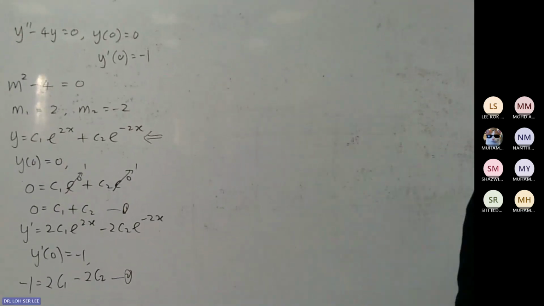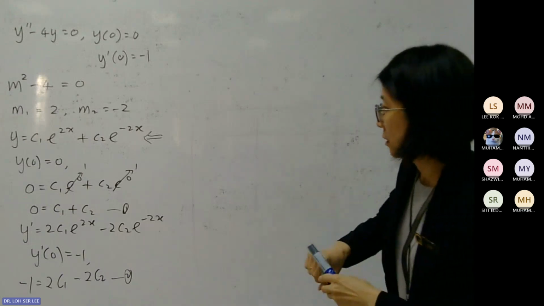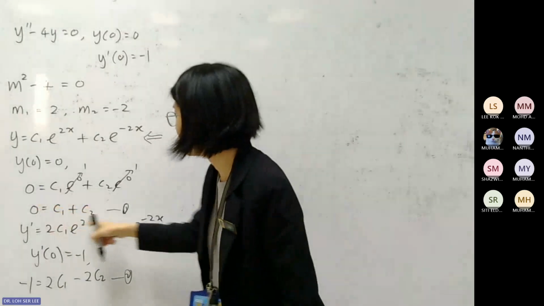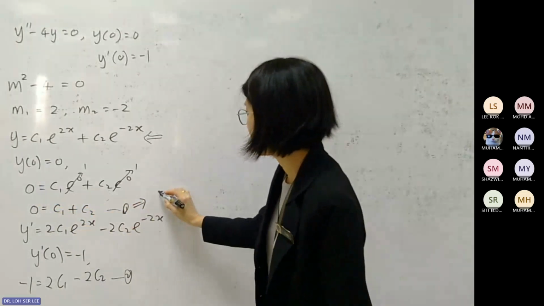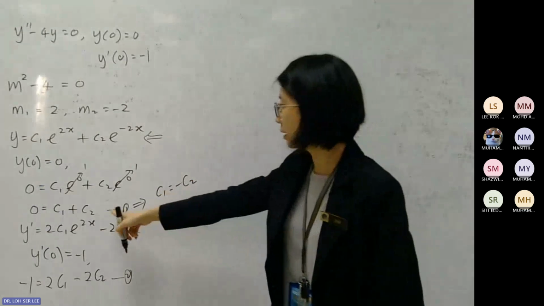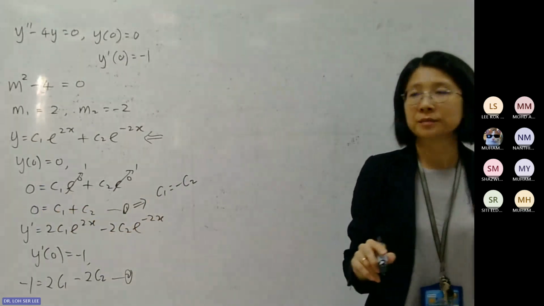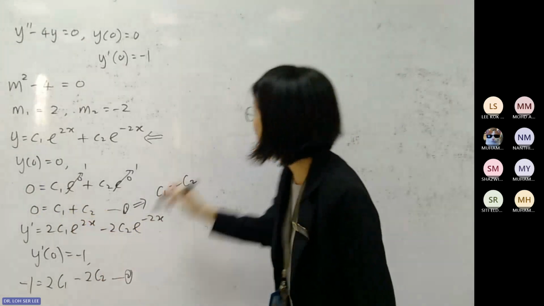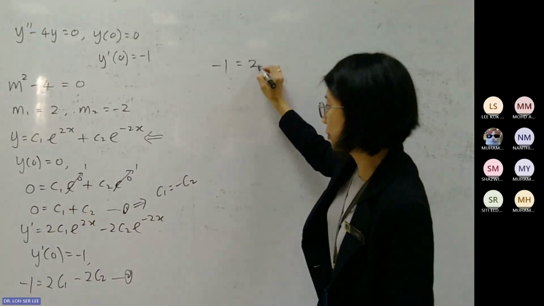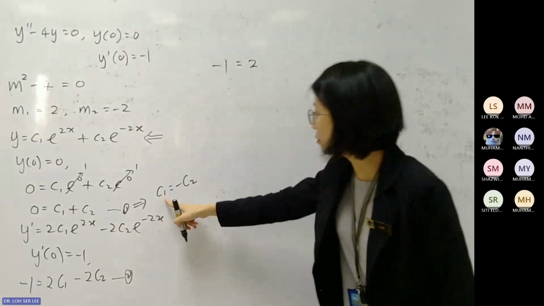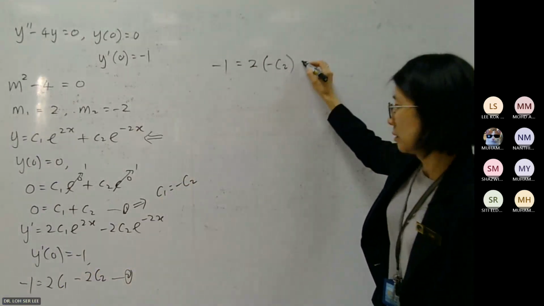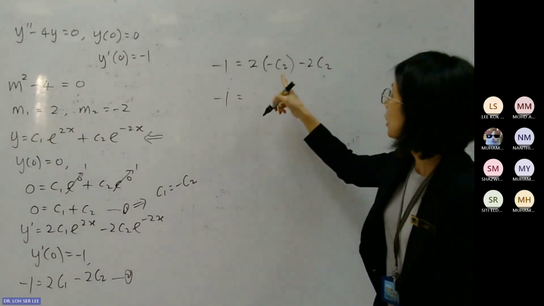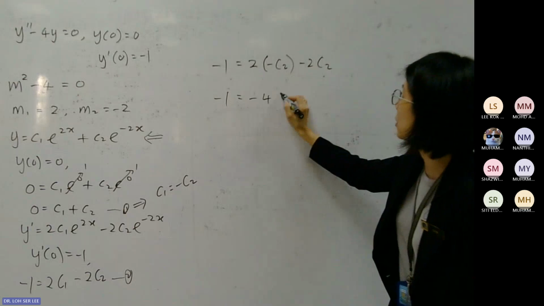Francis got the question. So to solve these two, this gives C1 equals negative C2, right? Then you substitute into here: negative 1 equals 2C1 minus 2C2. So with C1 as negative C2, negative 2 minus 2 gives negative 4 C2.